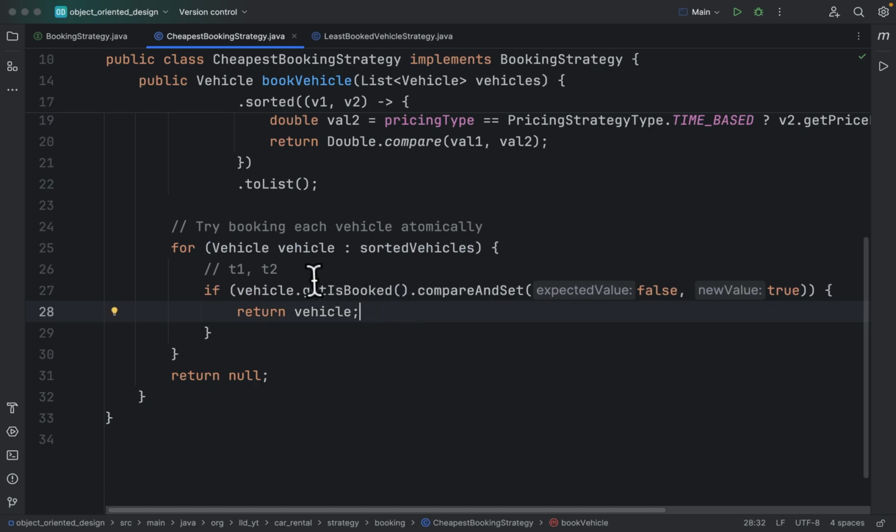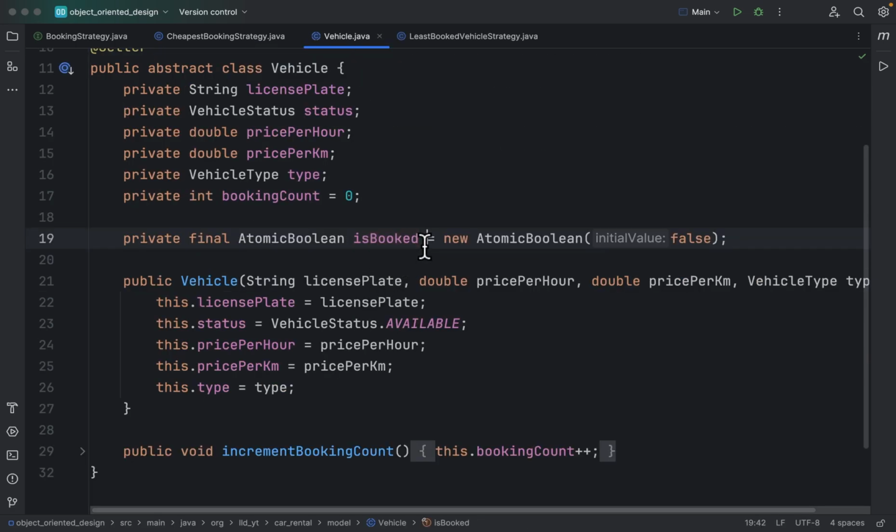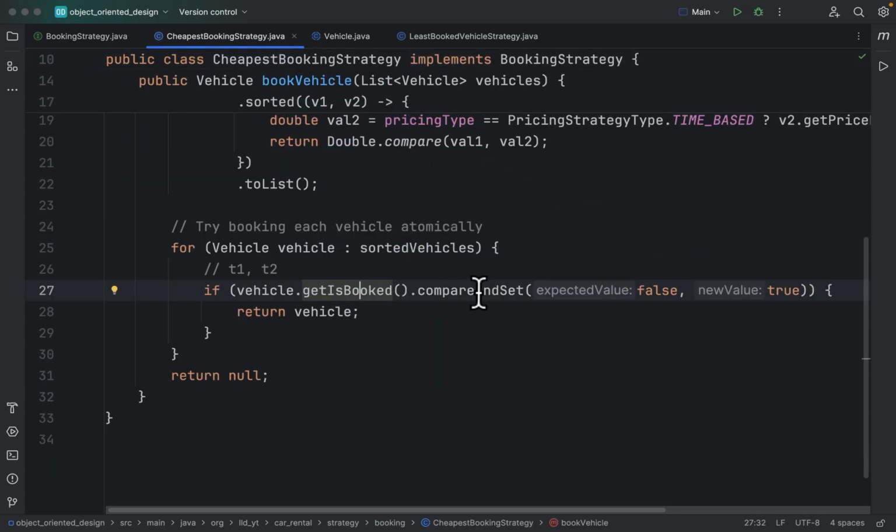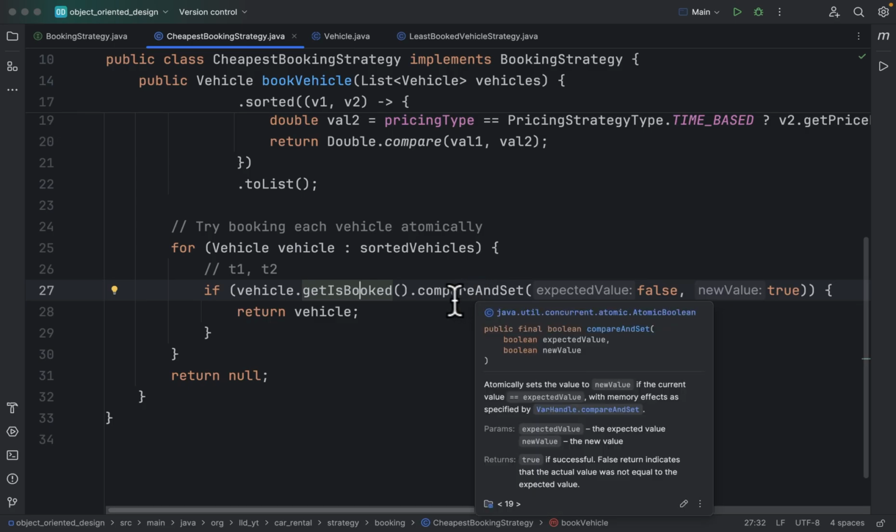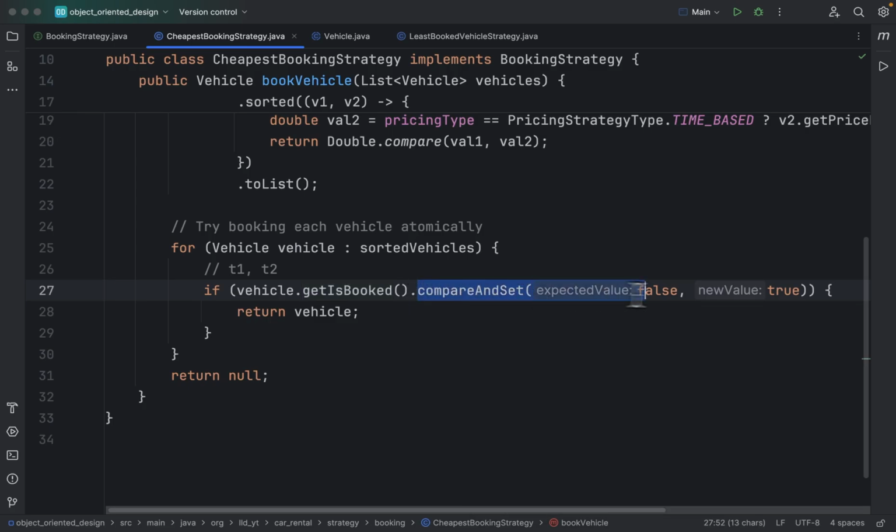So let's say threads T1 and T2 both try to book the 0th indexed vehicle. They will call this compare and set function of is booked. So we are basically trying to convert this state from false to true. As we already understood, only one of the threads will be able to convert it from false to true.